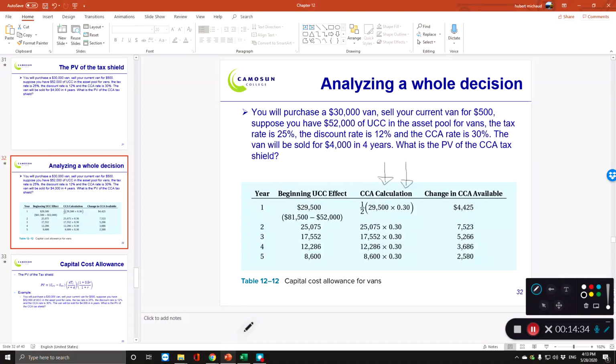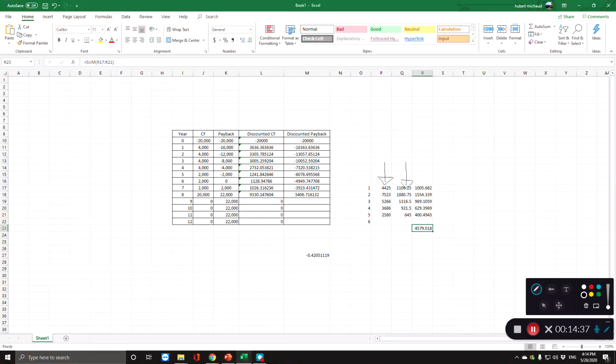Was the tax rate 25%? Yeah, tax rate is 25%. So that's the amount of tax that we don't need to pay because we can use this as an expense. And then I discount it n years, where n is this number here. Okay, and then I sum all of these numbers, which are all of my tax shield that I'm going to get over the years, and I get that the present value of my tax shield should be 4,579.01. Okay, this is a really annoying process.